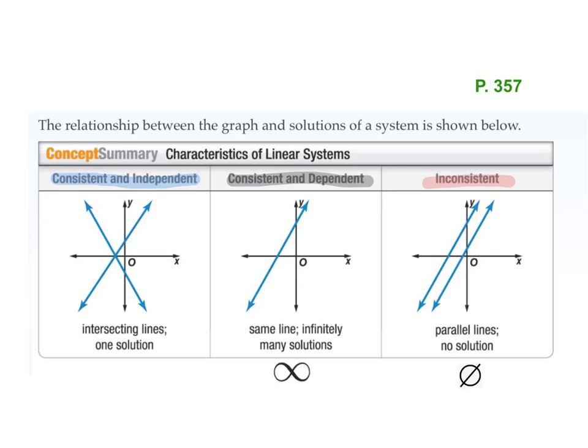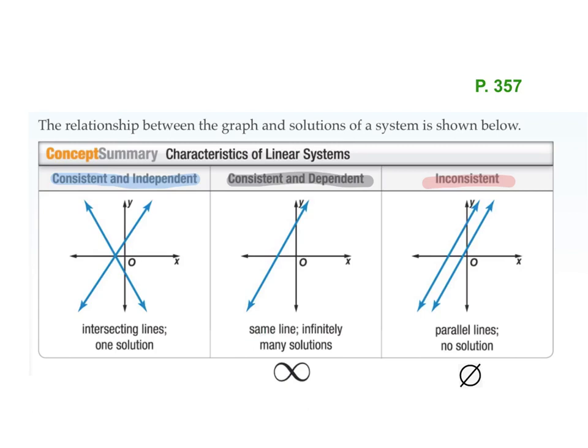We're going to go through examples today that will be one of each of these types, so you can see what we need to do and what they should look like. If you notice, we have two lines that intersect: one point, one solution. On this one, there are actually two equations, but both of those equations end up being the exact same line, and that's why it says same line.